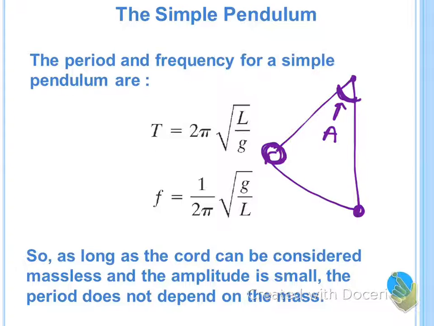So this equation works for us as long as the amplitude is relatively small. When we hit about the 35 degree mark in terms of our amplitude, we're pulling that pendulum up really far. It can affect our period just a little bit because our mass could kind of fall out of that cycle. But as long as our amplitude is relatively small, usually within that 30 degree range either way, our period is not affected. And we're going to look at that tomorrow in our lab, actually.